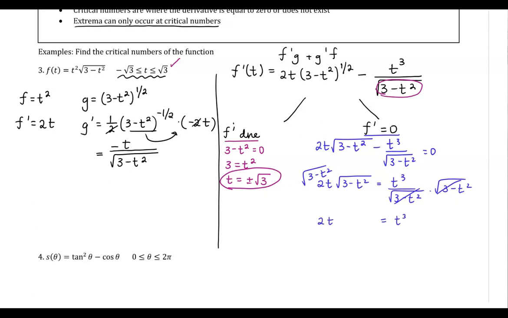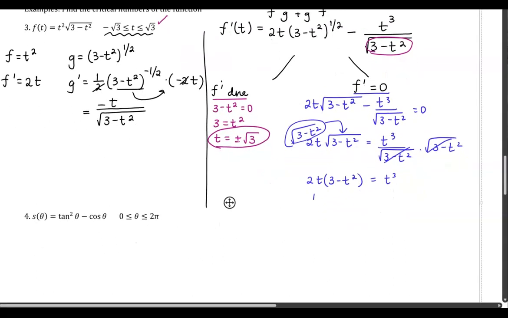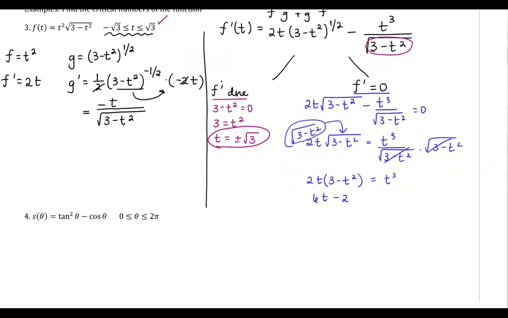And on the left side of the equation, when I multiply this in, it'll be like squaring that, and it'll cancel the square root and just leave us with a 3 minus t squared. So now I'll distribute on the left-hand side of this equation. I have 6t minus 2t cubed is equal to t cubed.